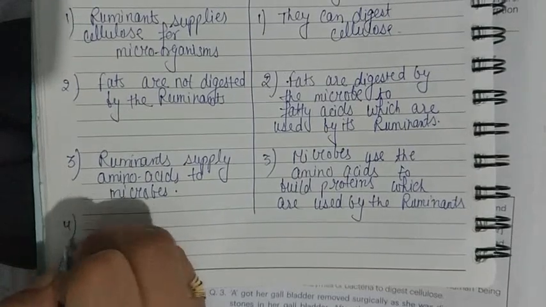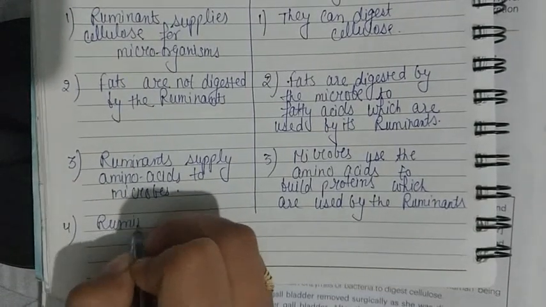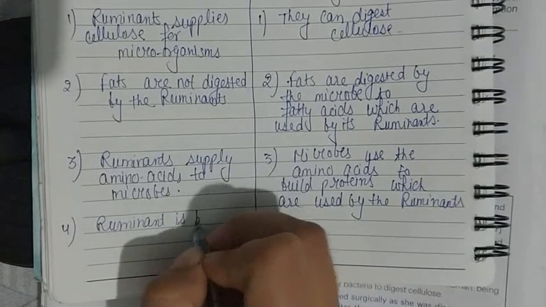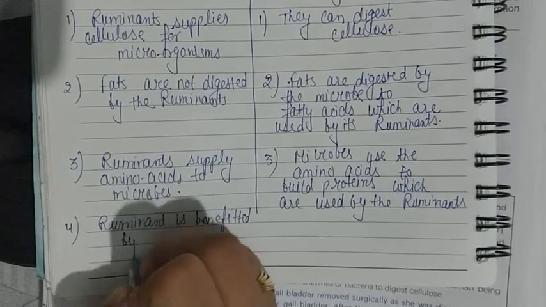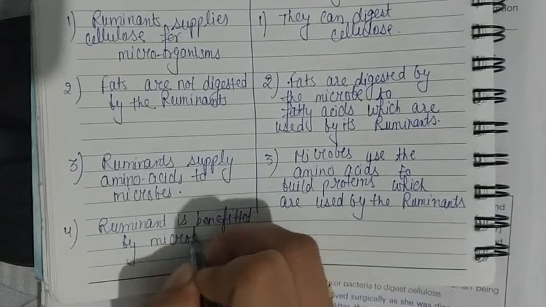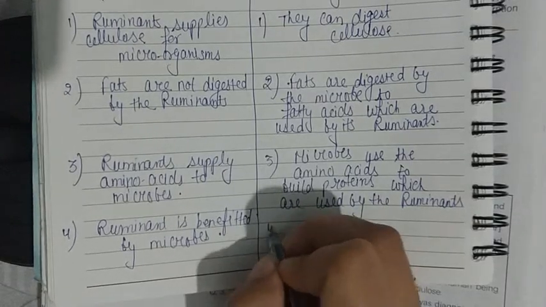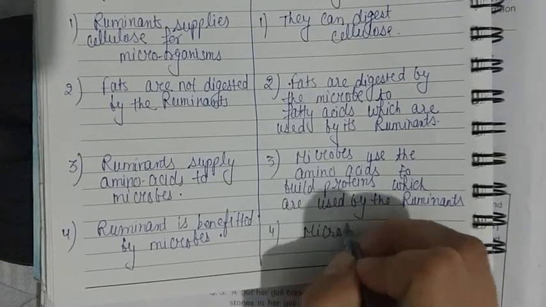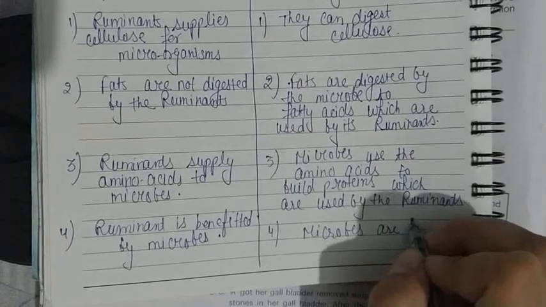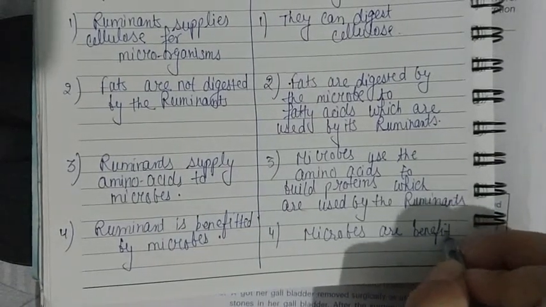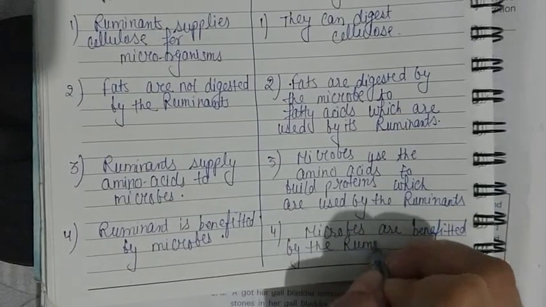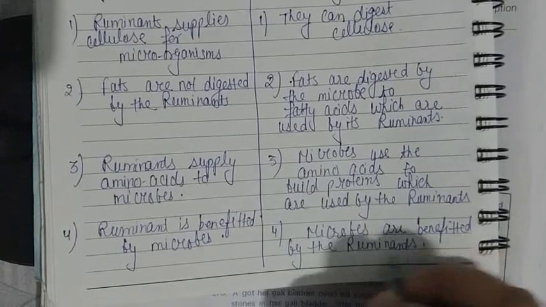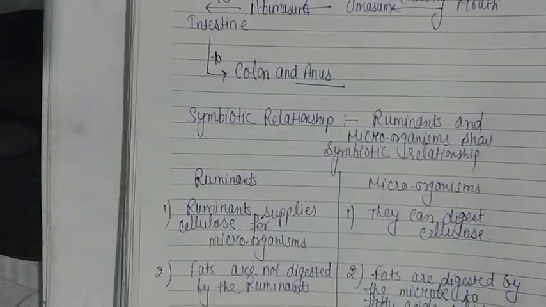Next point, ruminant is benefited by microbes. Here, microbes are benefited by the ruminants. So, ruminants and microorganisms show symbiotic relationship.